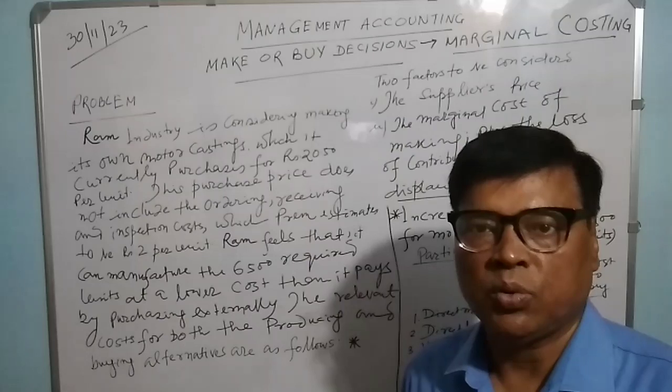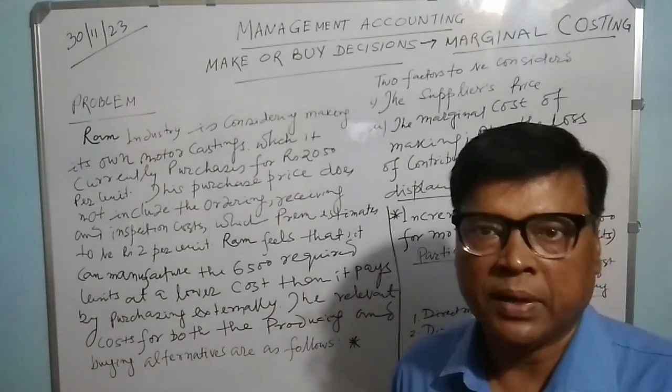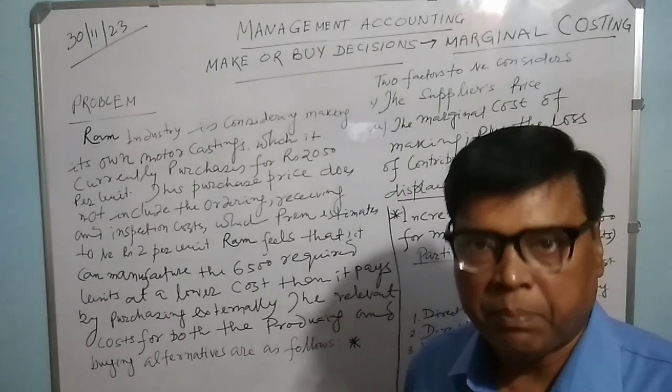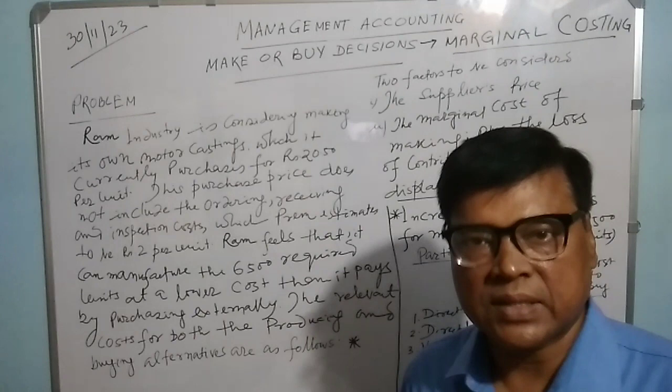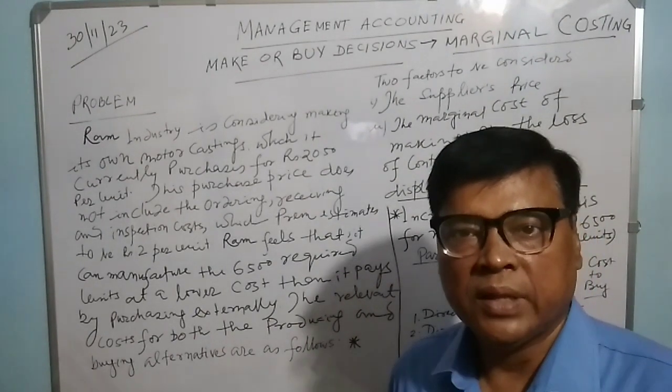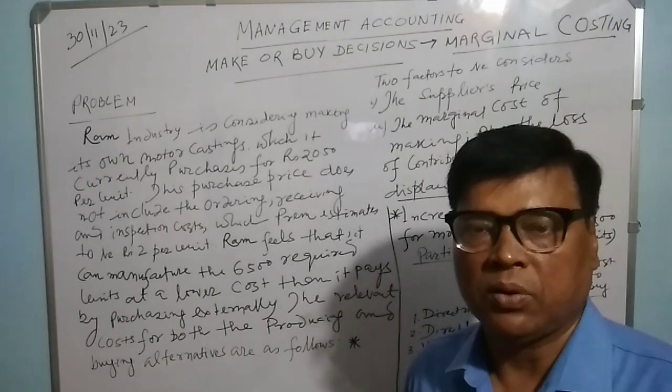Suppose you have a total of 9 questions in your cost and management accounting paper, so 3 questions will come from these sections.